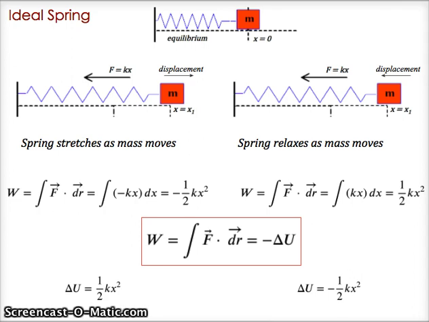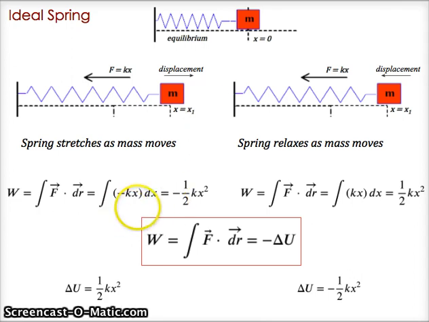If an object is attached to a spring and it stretches the spring, here it's moving to the right, so it's stretching the spring away from its equilibrium or relaxed position, that's going to require energy to be taken away from the object, because the spring is going to be pulling to the left, trying to work against the object's motion. The displacement is to the right, and so the work being done would be negative.